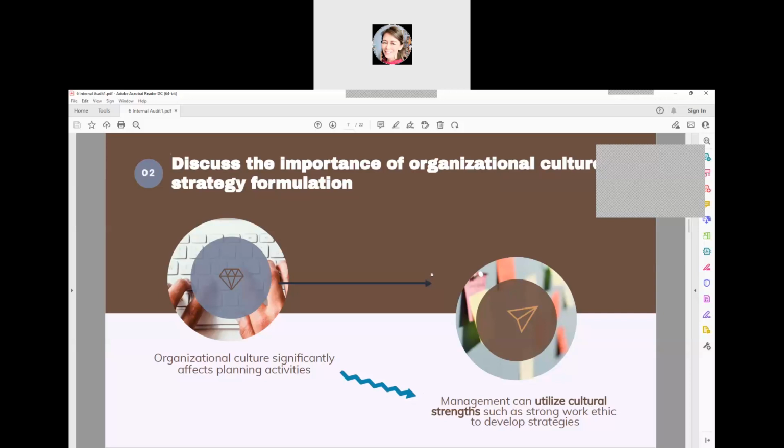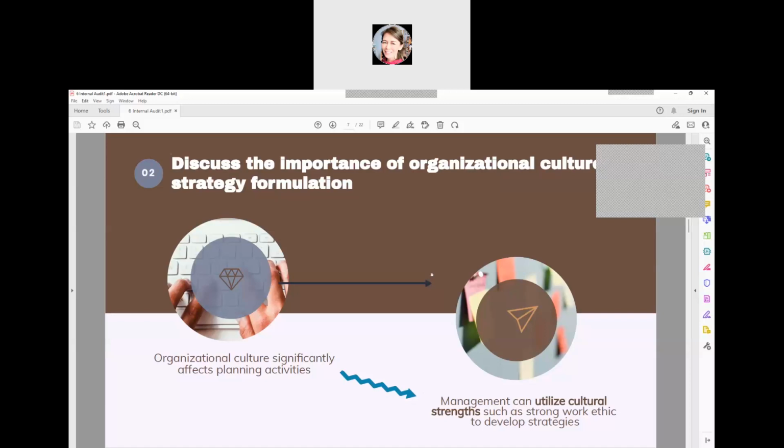So what is the relationship between culture and strategy anyway? First and foremost, the culture in an organization sets expectations for how people behave and work together. Remember in your OB class, it sets expectations for how people behave and work together, and how well they function as a team.